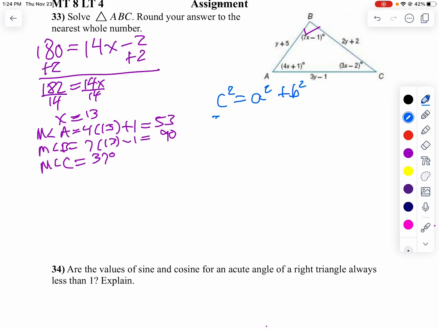So I'm going to say 3y minus 1 squared equals y plus 5 squared and plus 2y plus 2 squared. Now remember, when you square a binomial, you don't distribute.